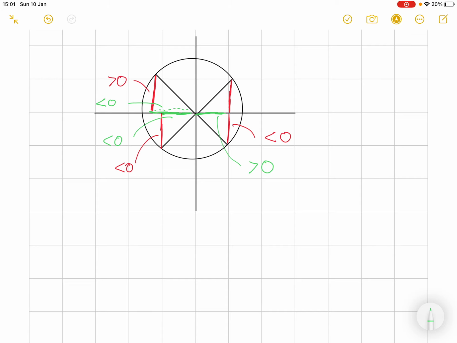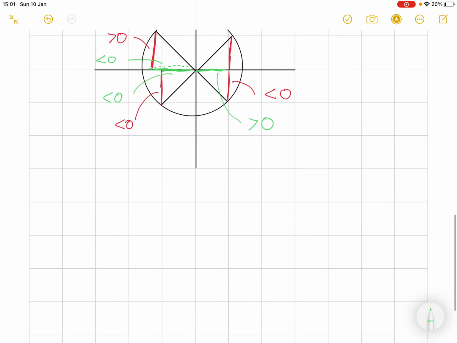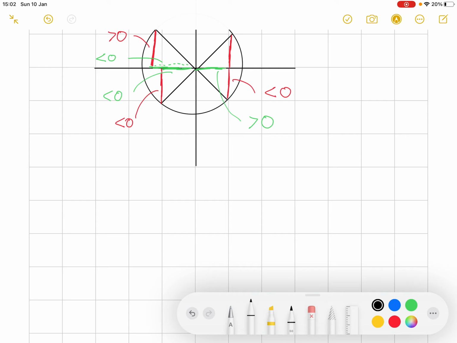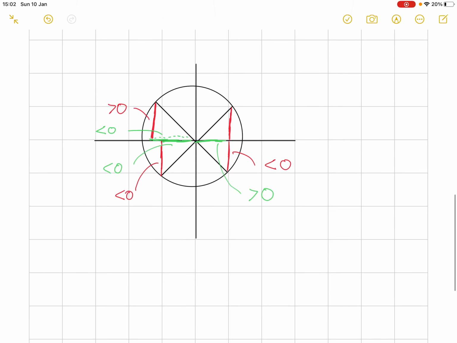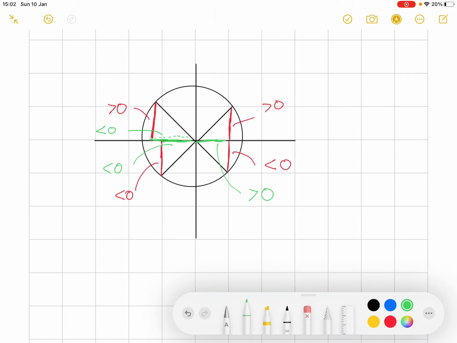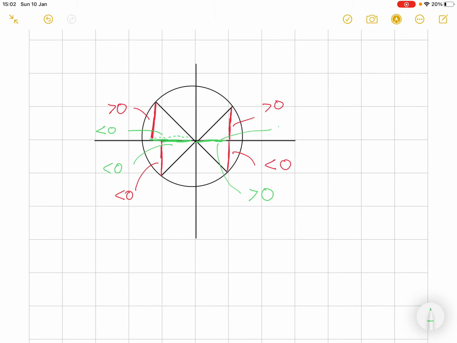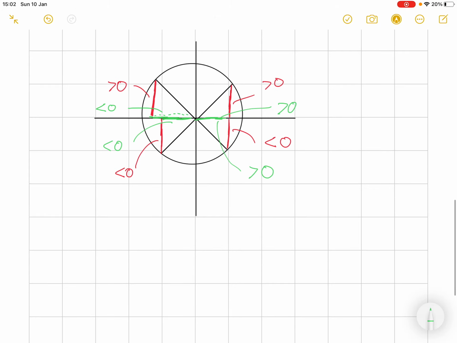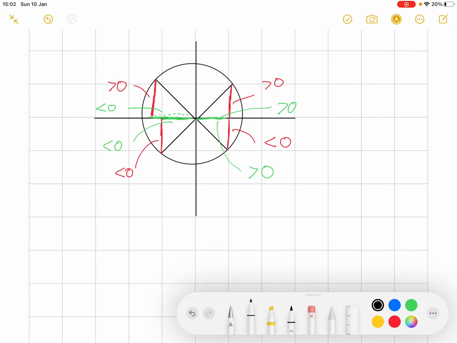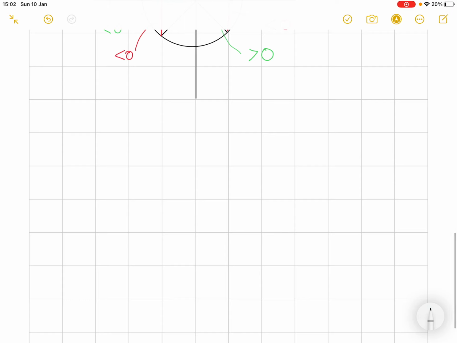So the question is, what does all of this have to do with the question? Well, if I just complete the thing, greater than 0, we're now in a position to start mapping out what these functions actually look like. So if we draw a nice straight axis, there we go.